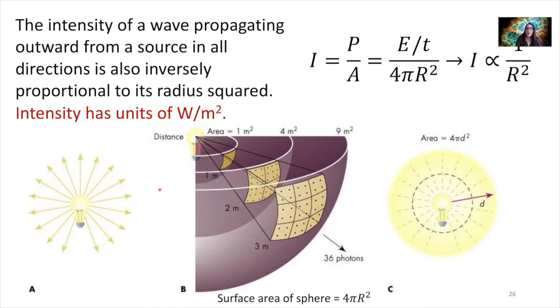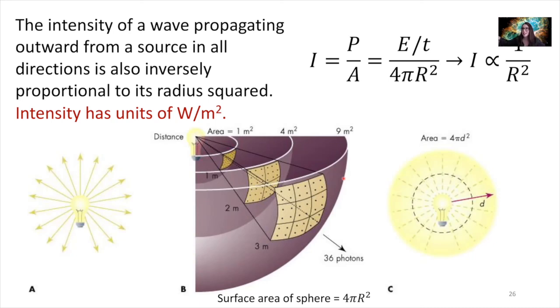And that light has to propagate outward from the source. As that light moves outward, as we get 1 meter away from the light source, or 2 meters, or 4 meters, or 9 meters away, the area that that light has to go through increases. And that area that the light goes through is the surface area of a sphere.